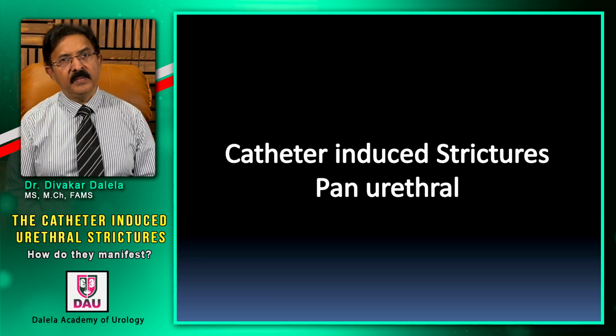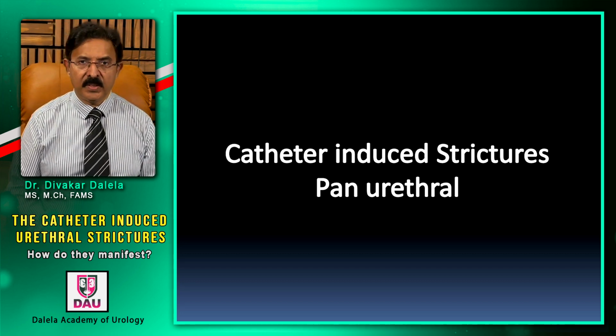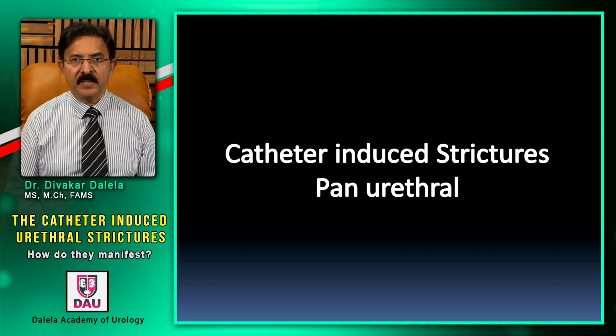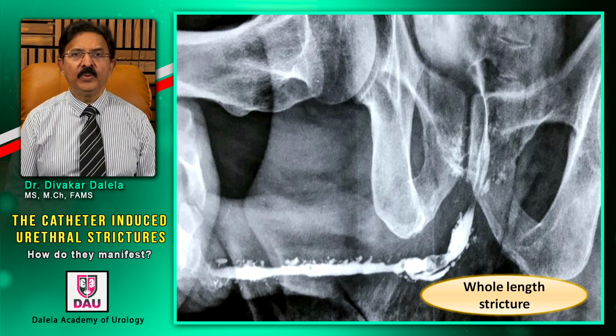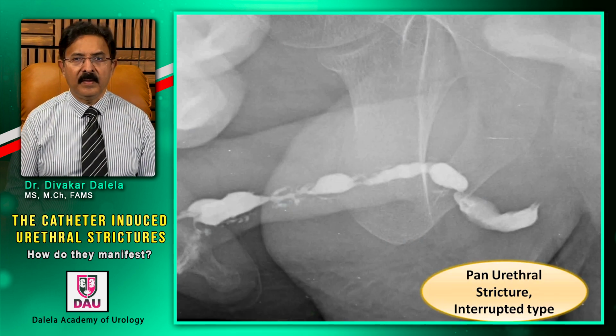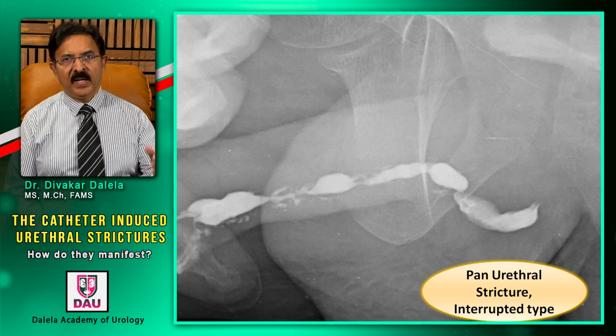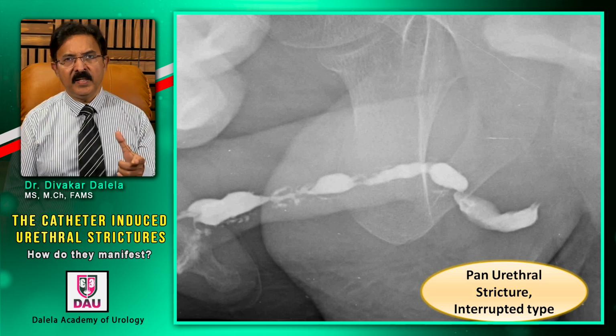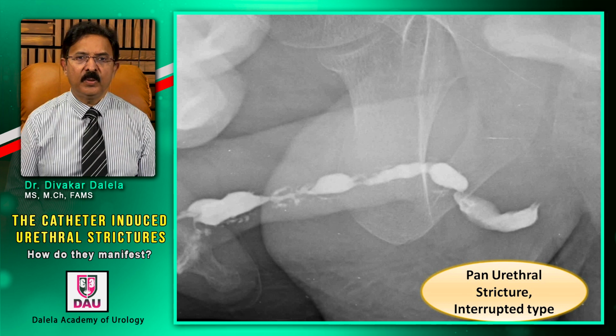You can also have the third variety of catheter-induced stricture, which is a pan-urethral stricture disease, wherein the whole length of the urethra gets involved. You can have 2-3 patterns of pan-urethral stricture disease. You can have multiple strictures interrupted by a normal segment of urethra, as you can see in this retrograde urethrogram.